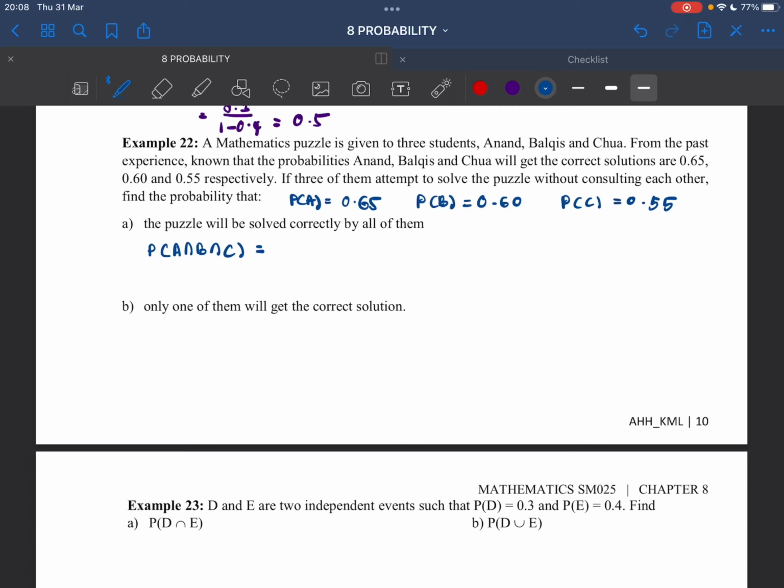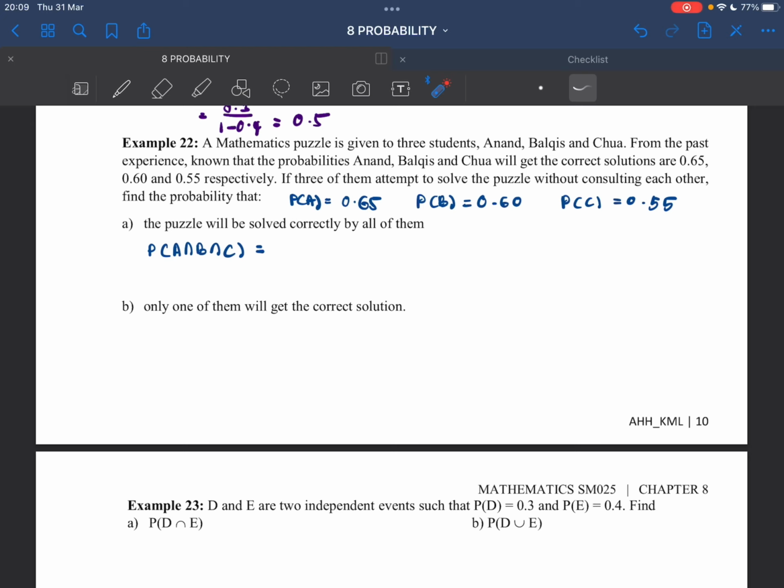Is this an independent event? Yes or no? The question said if three of them attempt to solve the puzzle without consulting others. So we know that the outcome of Anand solving the puzzle does not affect the outcome of Balkis solving the puzzle.